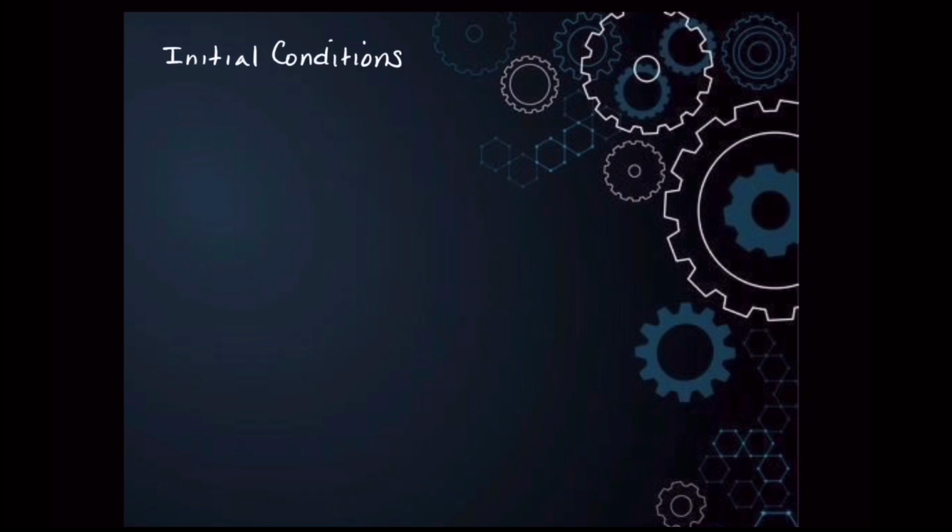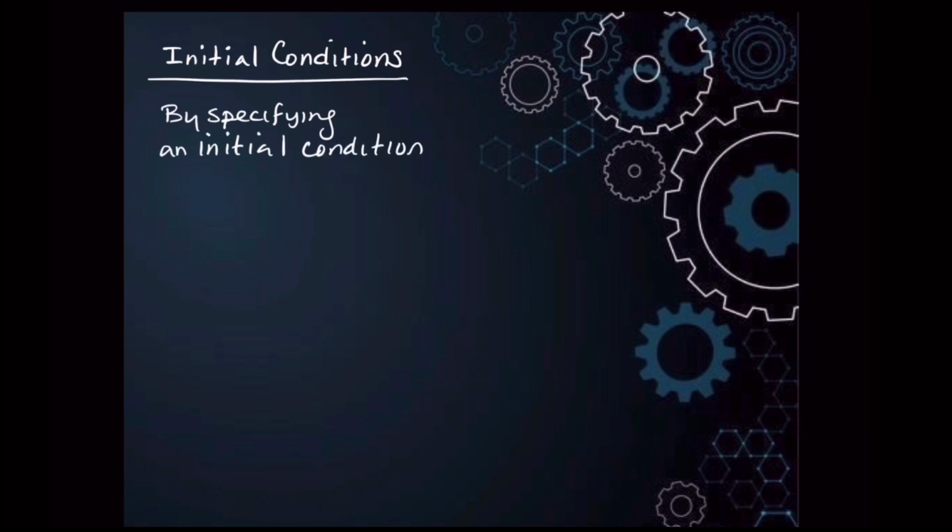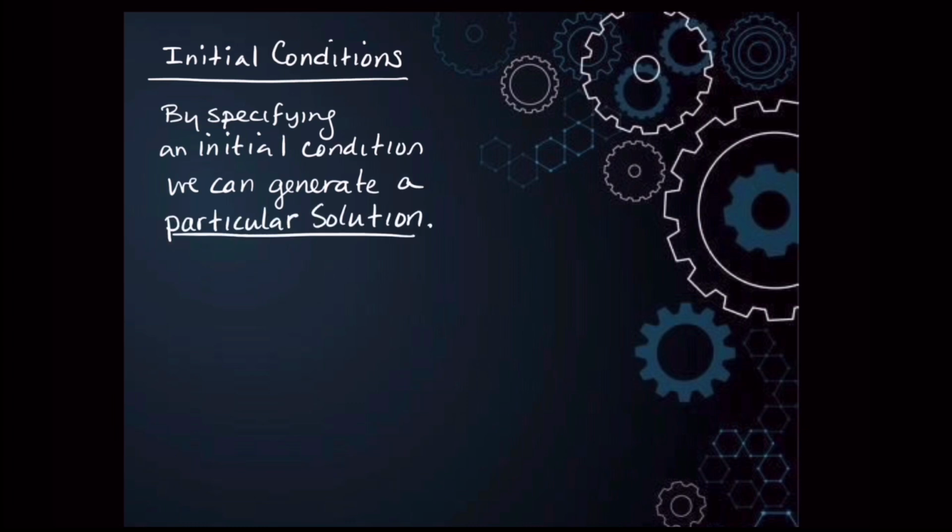Now, by specifying some initial conditions, one can determine the constants. And by determining the constants from those initial conditions, we generate something called a particular solution. For instance, consider x of t naught equal to u naught.